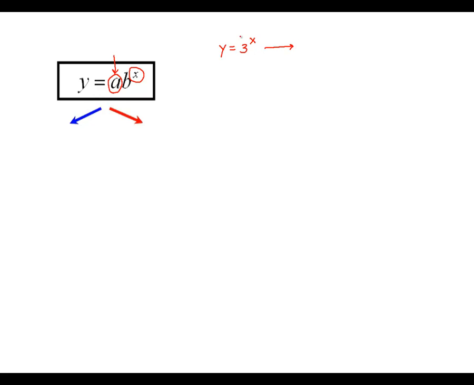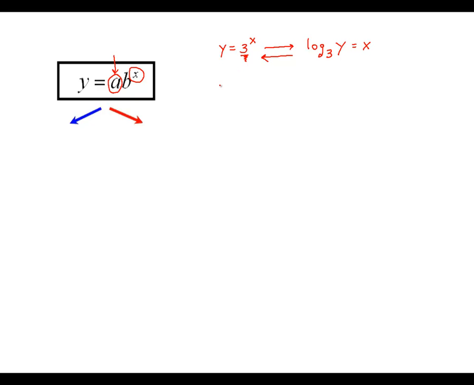Every exponential equation can be written as a logarithm by writing this as log. In this case, the base on the exponent is 3, so it's log base 3 of y equals x. Every single exponential equation can be rewritten as a log, and every logarithm can be rewritten as an exponential equation.